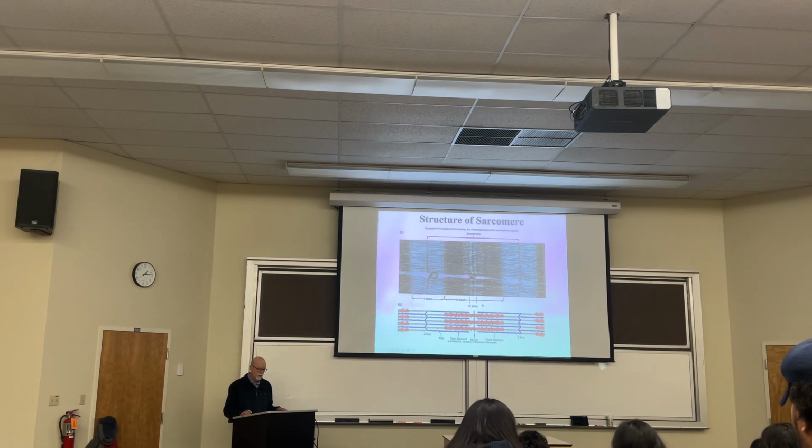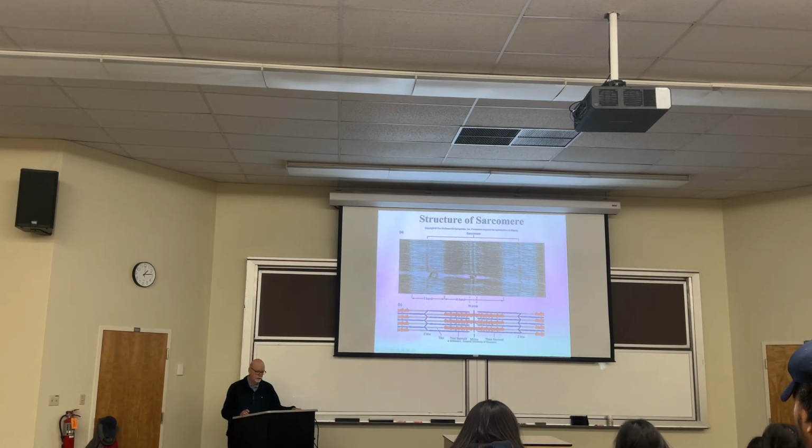This is an actual electron micrograph of a sarcomere in a skeletal muscle cell or fiber. And so one sarcomere, this is a Z line right here, as you can see, and here's another Z line. One sarcomere goes from Z line to Z line, and then we can name these other regions.